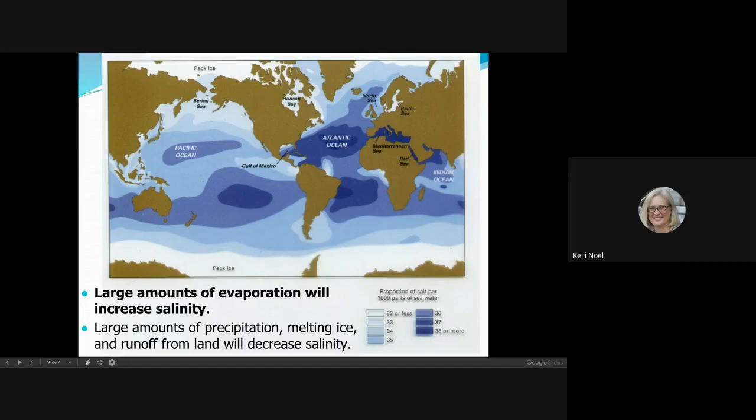Okay, the next one is precipitation, melting ice, and runoff. Decrease.